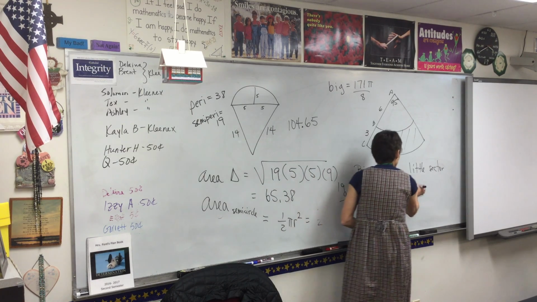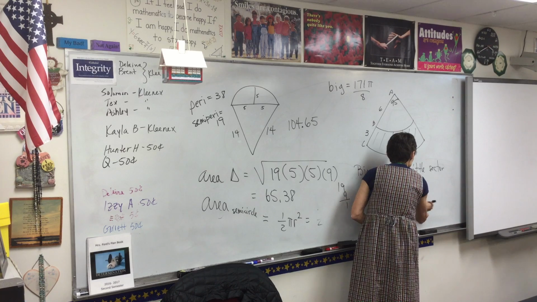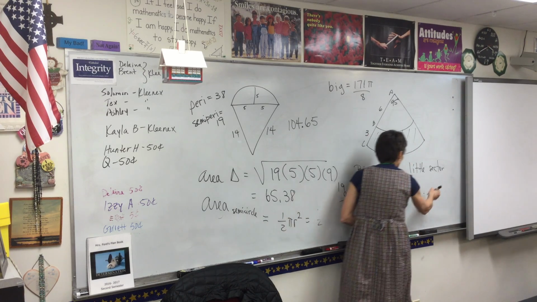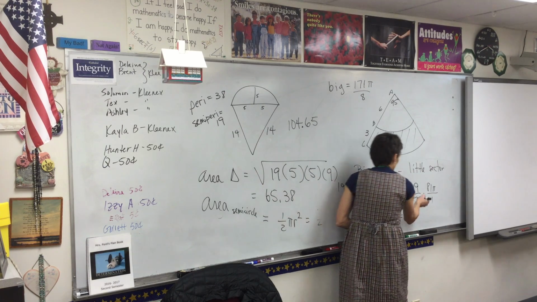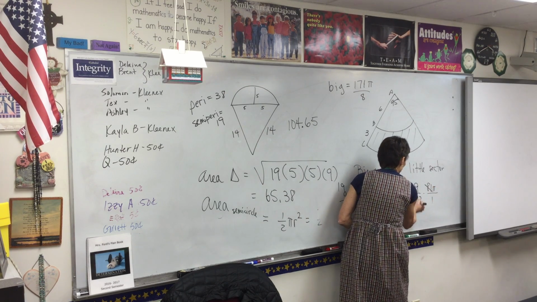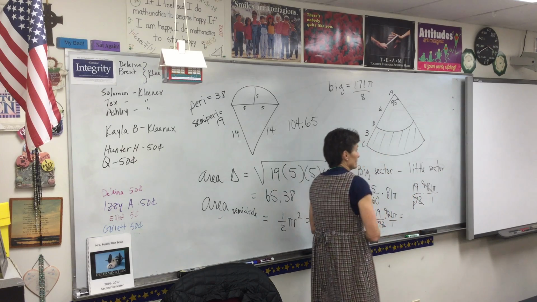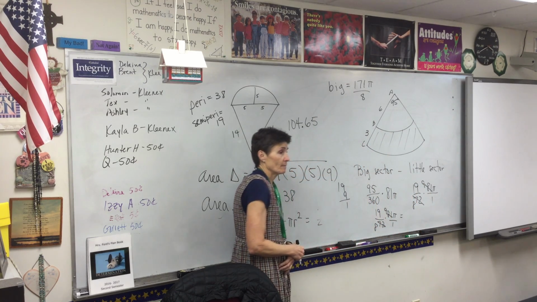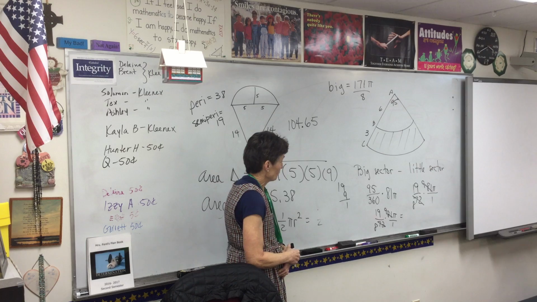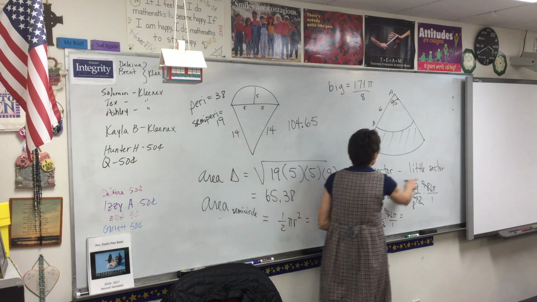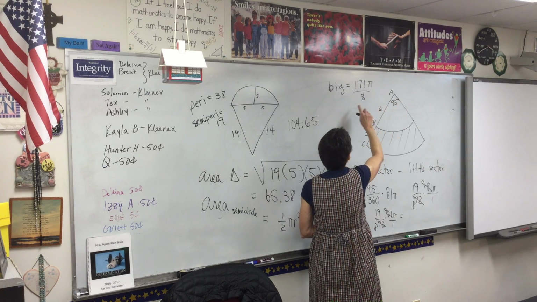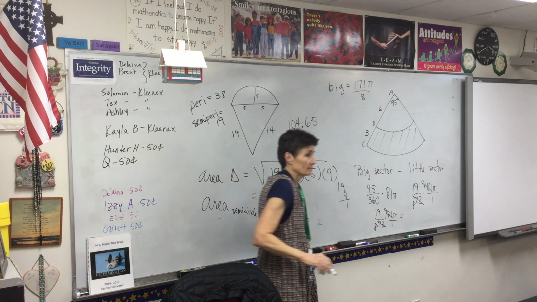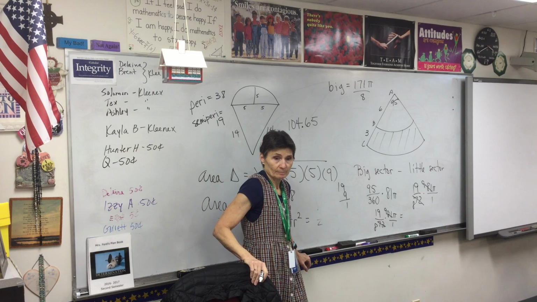Then I had to take 19 over 72 times 81 over 1. This and this are both divisible by 9. So then I multiplied straight across and got 19 times 9 pi over 8. That's how I did that.